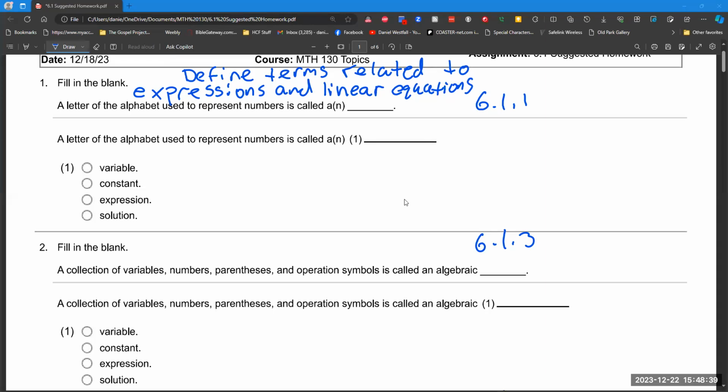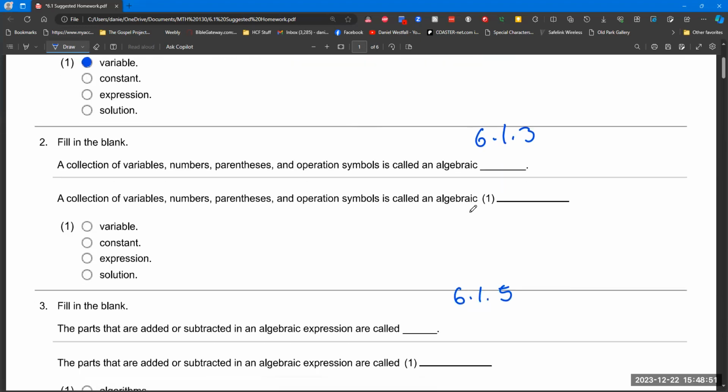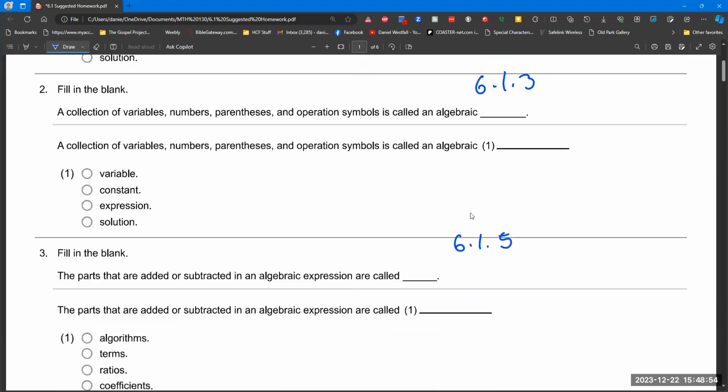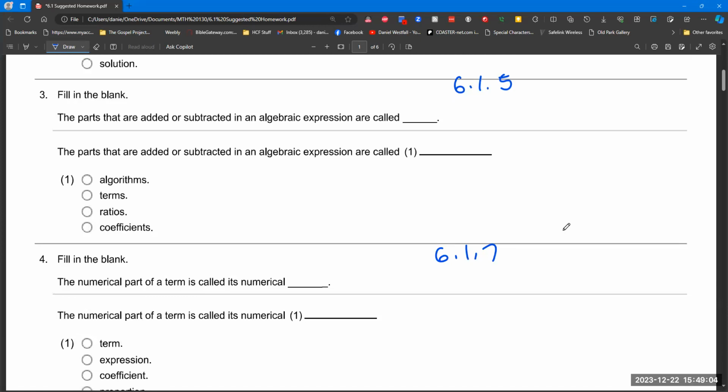So a letter of the alphabet used to represent numbers is called a variable. A collection of variables, numbers, parentheses, and operation symbols is called an algebraic expression. The parts that are added or subtracted in an algebraic expression are called terms.